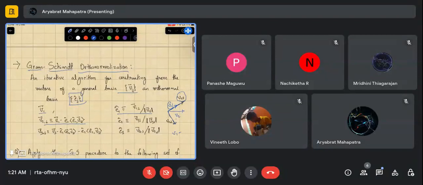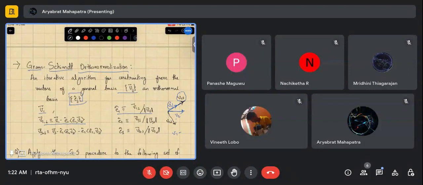It is like I'm removing the projection of v2 on v1. So I had v2 initially, and it had two components, one lying along v1 and the other perpendicular to v1.